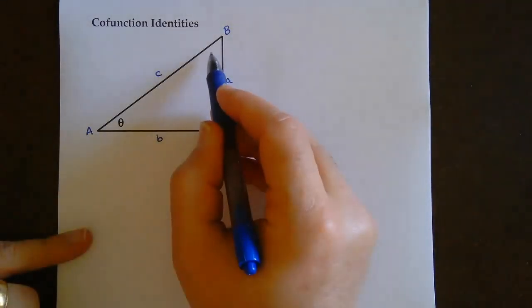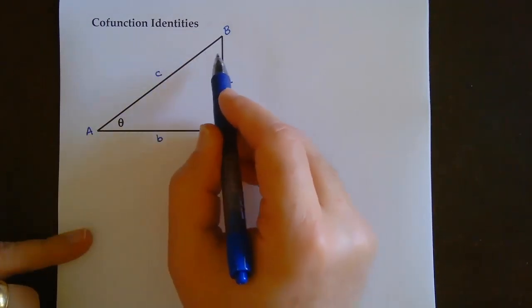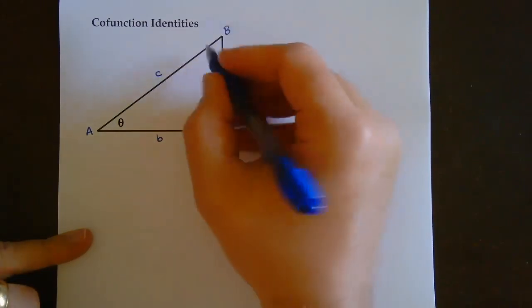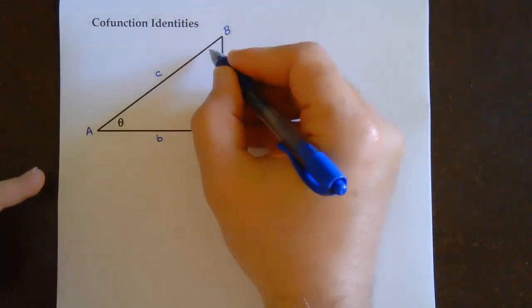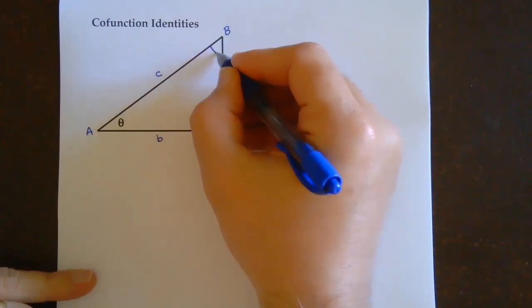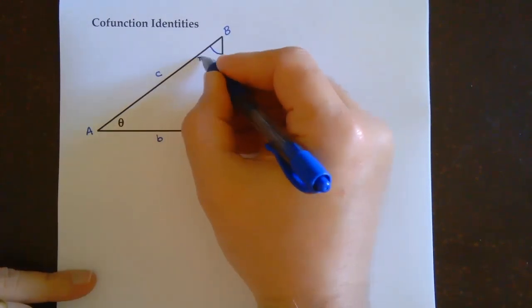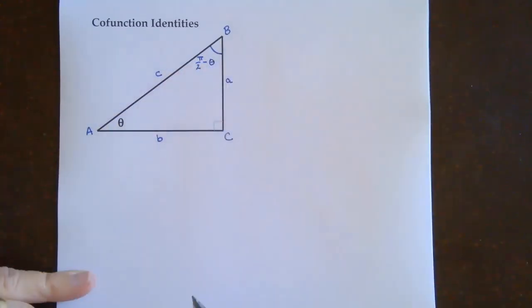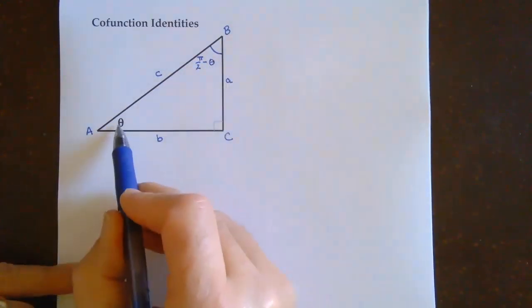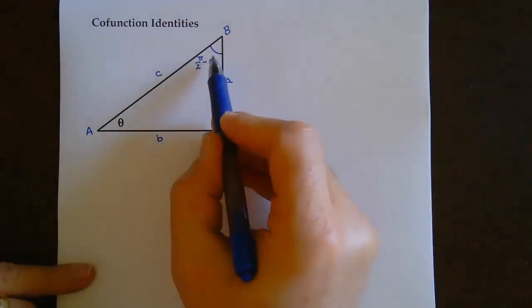Now, I want to do this in radians instead of degrees. So instead of 90 degrees minus theta, this angle up here is equivalent to pi over 2, because pi over 2 is 90 degrees, right? To pi over 2 minus this angle theta, okay? And so now we have this angle, which is theta, and now we know this angle must be pi over 2 minus theta, okay?